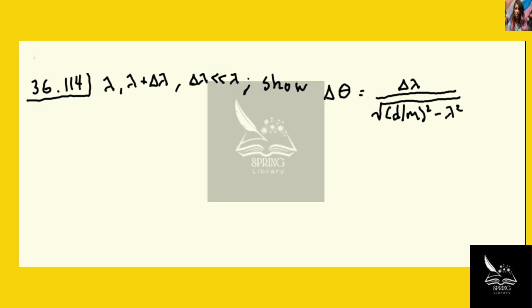Spring LIB 36.114: if we have two lines that are separated by a delta lambda, which is much less than the wavelength of the lower line, we want to show that their angular separation at mth order is this. So we have d sine theta equals m lambda.